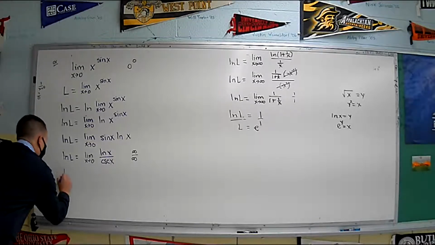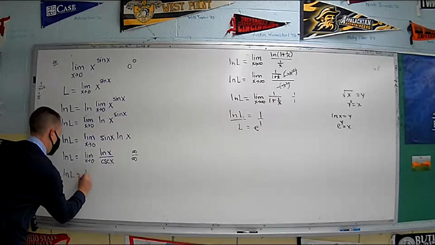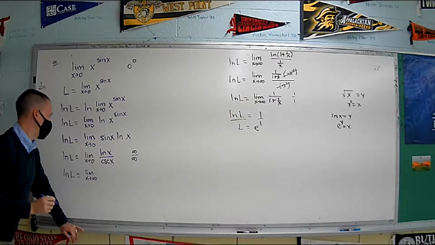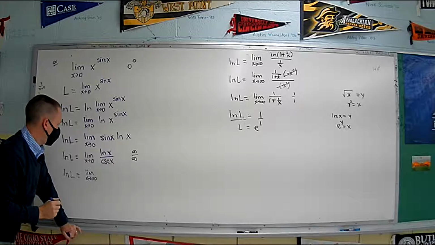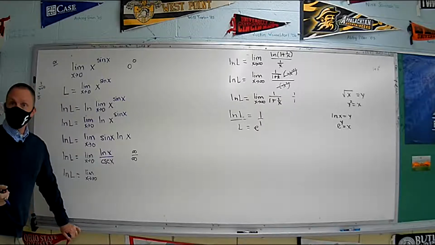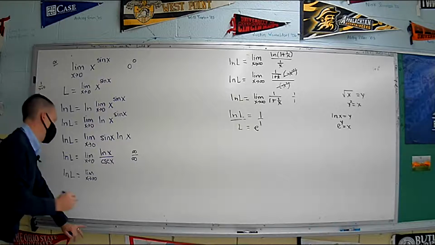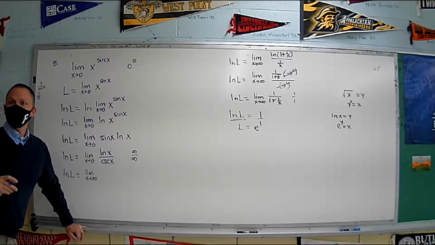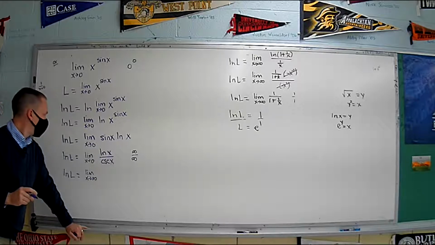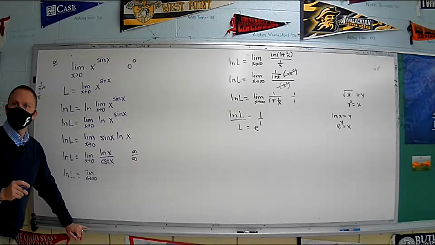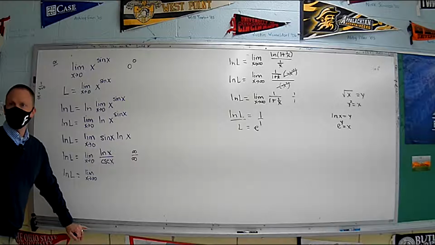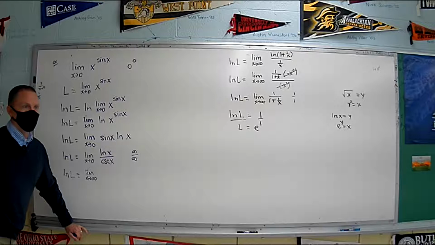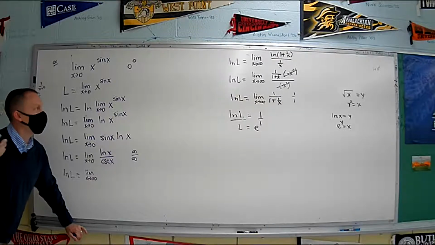I believe so. So we've got to take the derivative. What's the derivative of natural log of x? Yeah, what? 1 over 1 plus x? The derivative of just straight up natural log of x is just 1 over x. I think you were giving me the derivative of the last one.